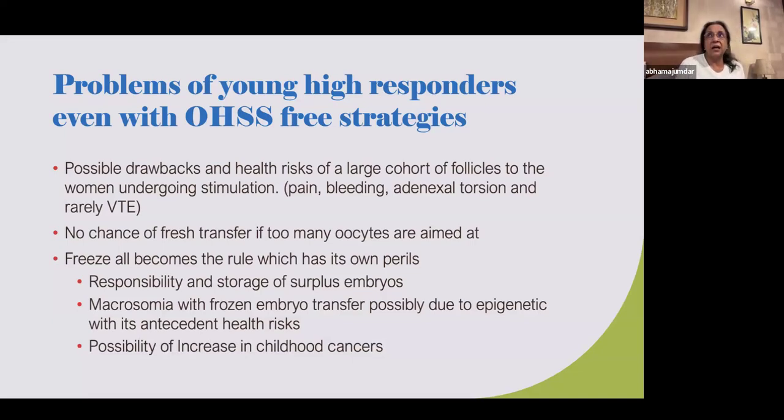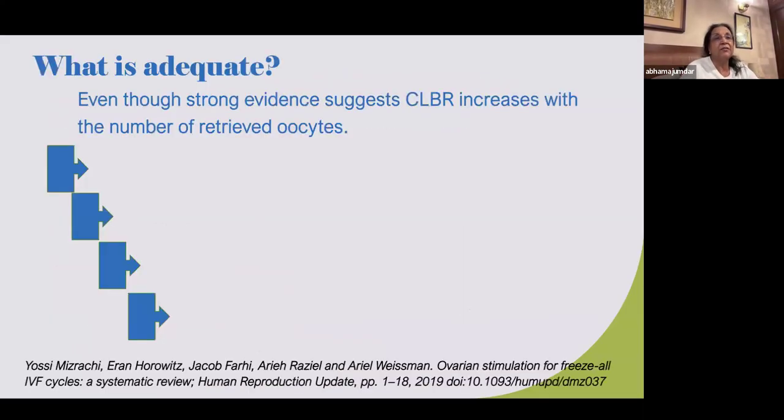Scandinavia has done most of these studies, where over 2 lakh babies, they found one instance of a childhood cancer, which was possibly associated with frozen embryo. Out of 2 lakhs, if one cancer comes up, we don't consider it big, but it has been found to be associated with frozen embryos over 20 years of cohort studies in Scandinavia.